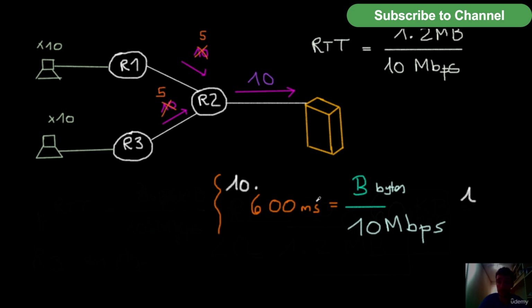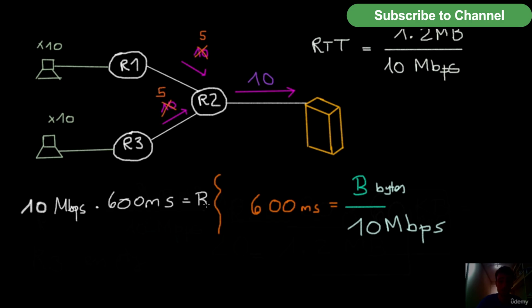So at the end, this is going to be 10 megabits per second multiplied by 600 milliseconds, and this is going to be equal to the value B. What we can do is transform these 600 milliseconds to seconds. We need to divide by 1000, which gives us the value in seconds. So if we divide, we have essentially 0.6 seconds.